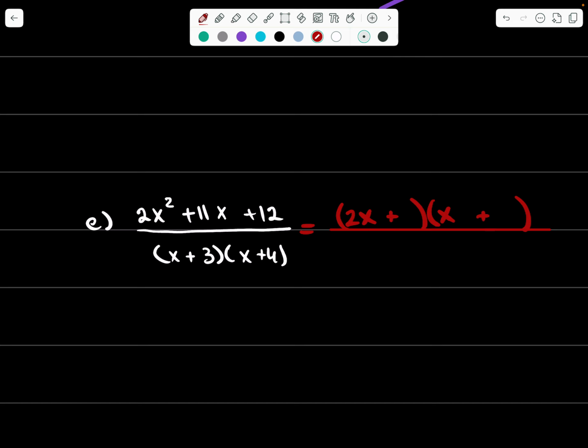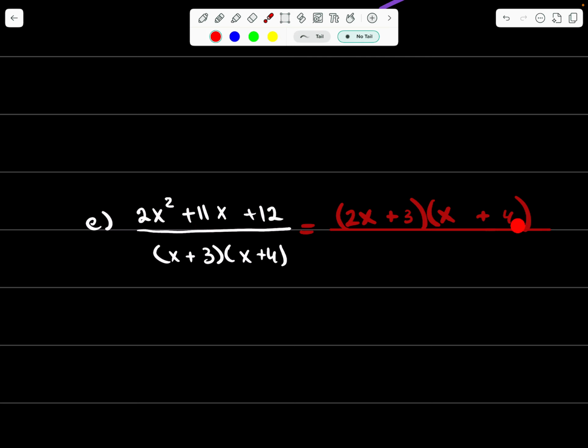It's either plus 3 with this or plus 4. Remember, we need to get 12 when we multiply, so it's okay to write 3 and 4, but we still don't know which goes where. And keep in mind that there must be a plus 11x in the middle.